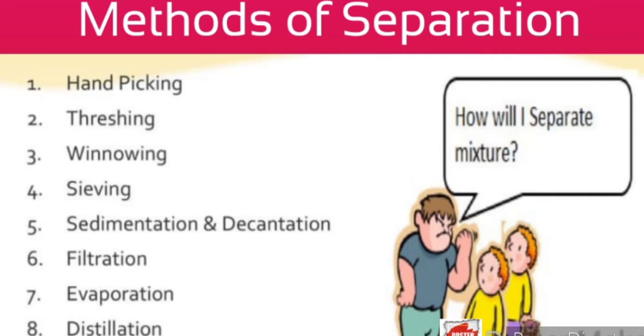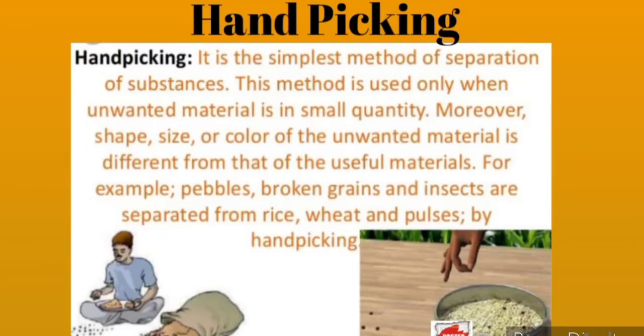Now, what all methods of separation are we going to study? First is hand picking, then threshing, winnowing, sieving, sedimentation and decantation, filtration, evaporation and distillation. These are the methods which we are going to study. First one is the hand picking method.